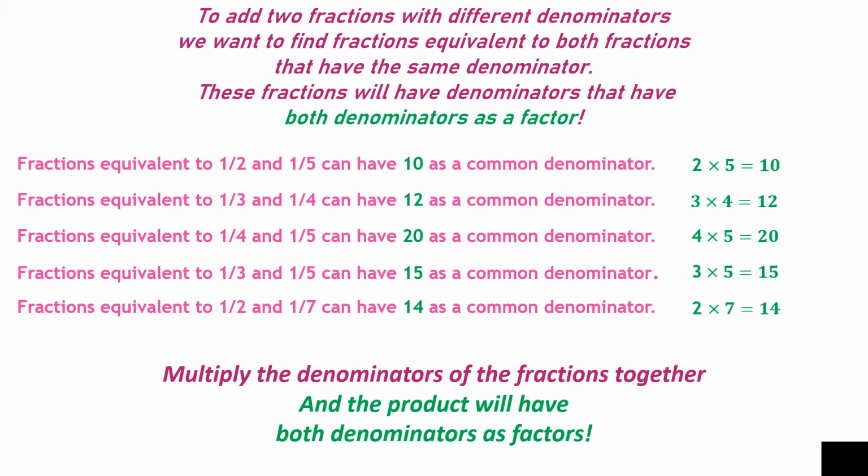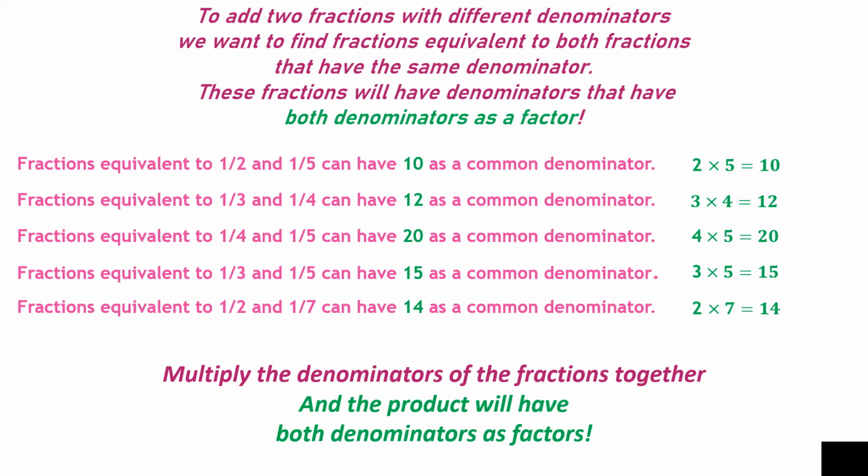If we wanted to add 1/3 and 1/5, we could find a common denominator for equivalent fractions that have both 3 and 5 as factors, and 15 would serve as a common denominator. How about fractions equivalent to 1/2 and 1/7? Well, they could have 14 as a denominator because 14 shares factors of both 2 and 7.